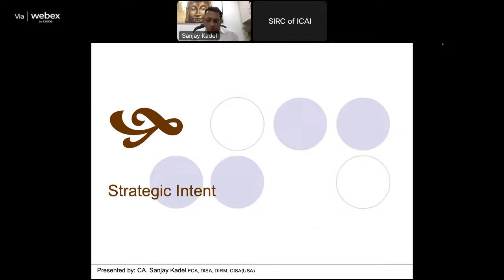Next, an important concept called strategic intent. Intent, as you know, is short for intention. Now, what do you mean by strategic intention? See, as an organization or as a person or as an entity, you will have your intentions. That is what you want to do. But what you want to do will be analyzed at different levels. Suppose you are on the ground level.